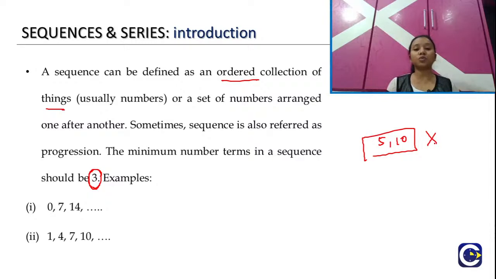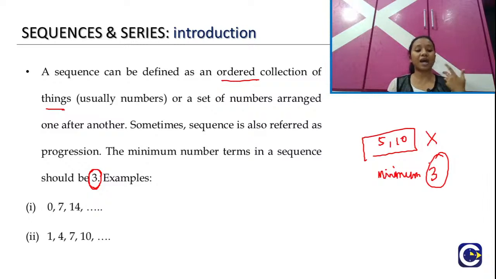Because to become a sequence, the terms present in that should be minimum how many? So minimum 3 terms should be there in order to call that set of numbers, that collection, a sequence. Right. So this is the finest condition which we have to keep in mind while dealing with sequences.